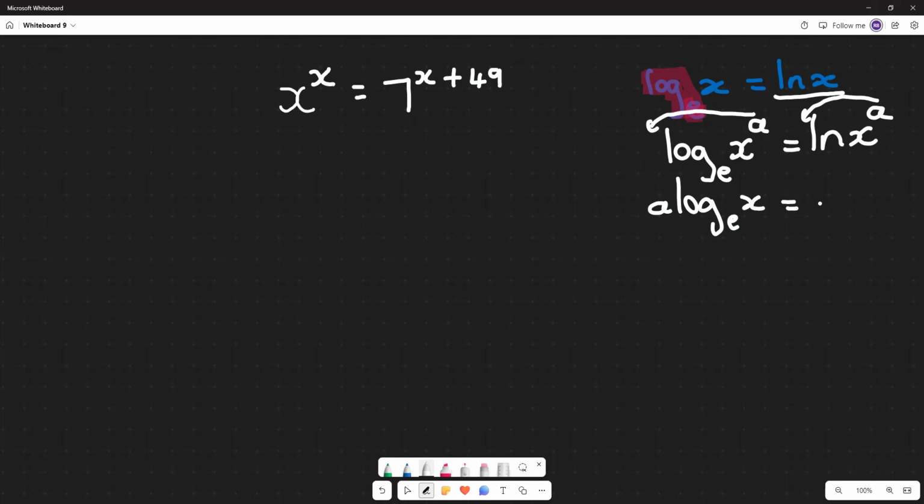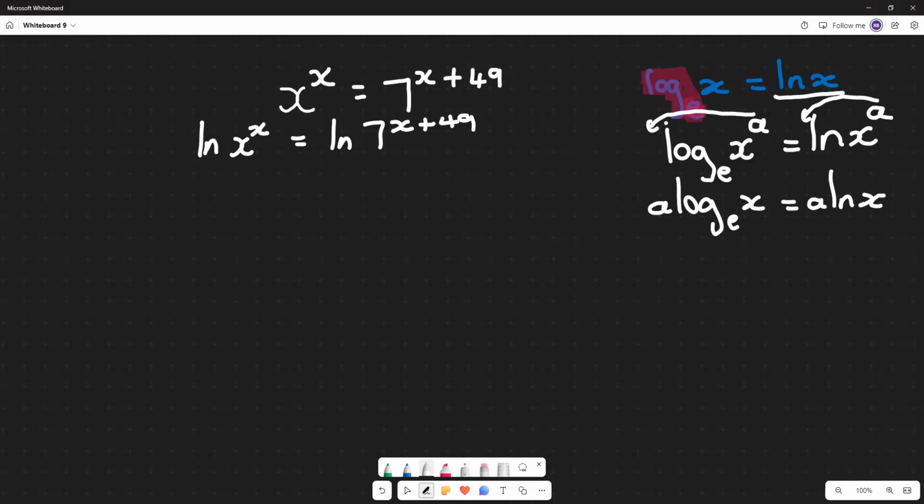And that side, we're going to have a ln x. This rule can actually apply there. We are going to introduce ln on both sides of the equation. So I have ln of x to the power x equals ln of 7 to the power x plus 49.